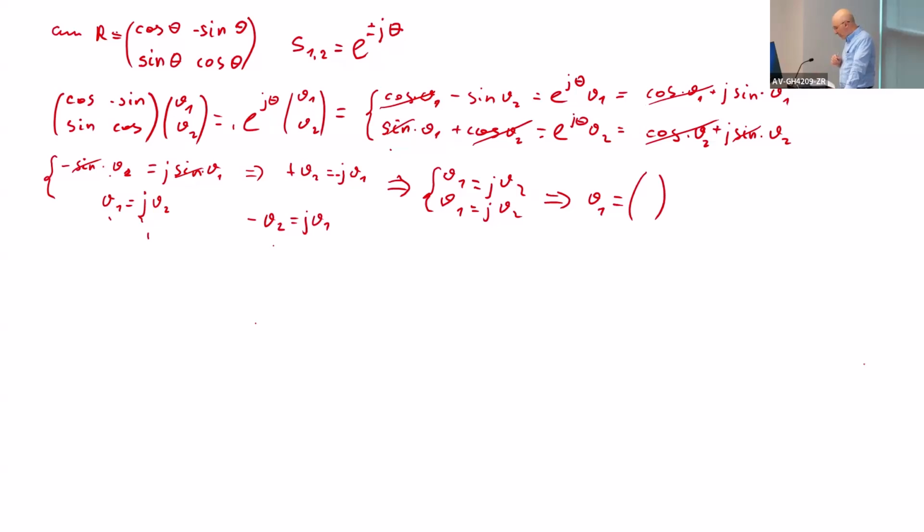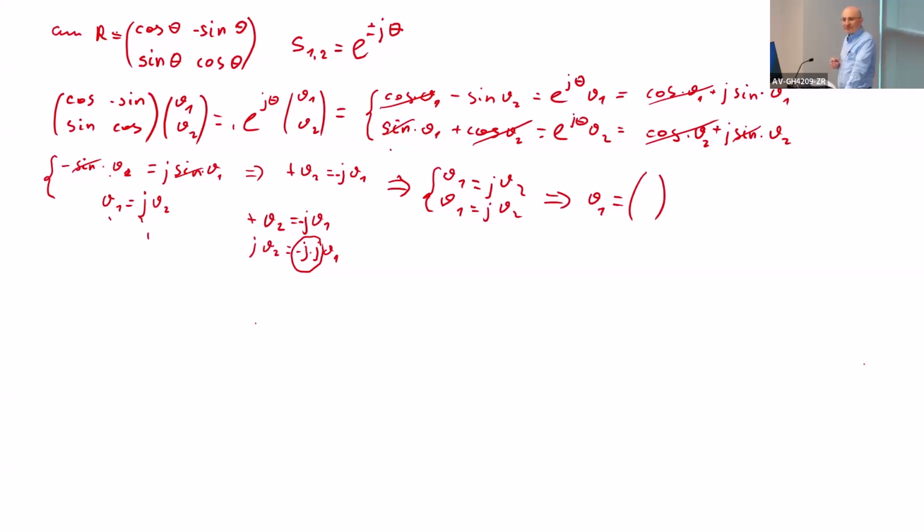You can multiply by minus on both sides, and you can also multiply by j on both sides. So you get j times v2 equals minus j times j v1. But j squared is minus 1, so v1 equals j v2.